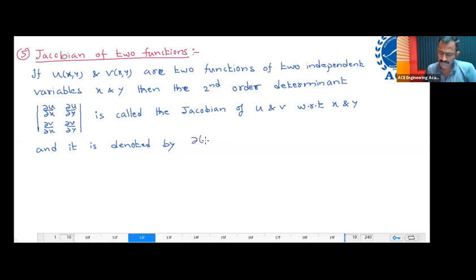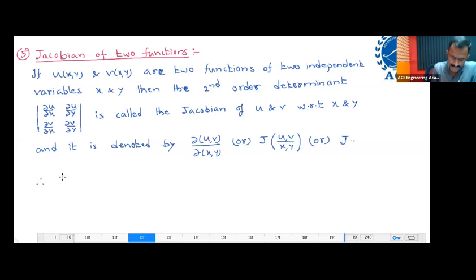dou of u comma v by dou of x comma y, or j of u comma v by x comma y, or just j also.